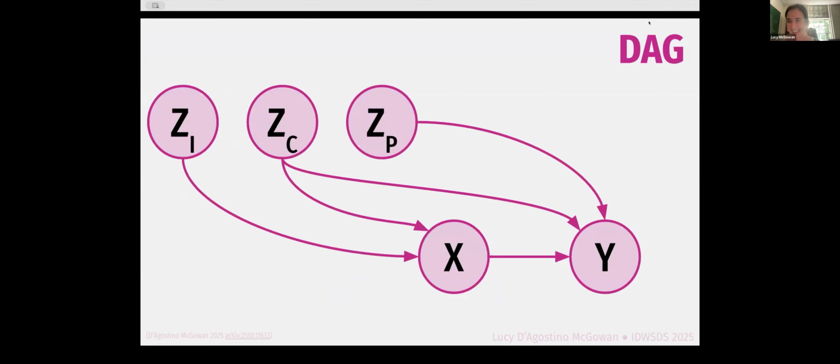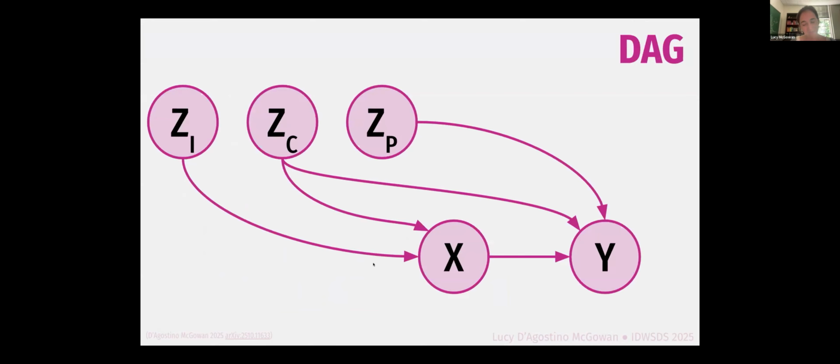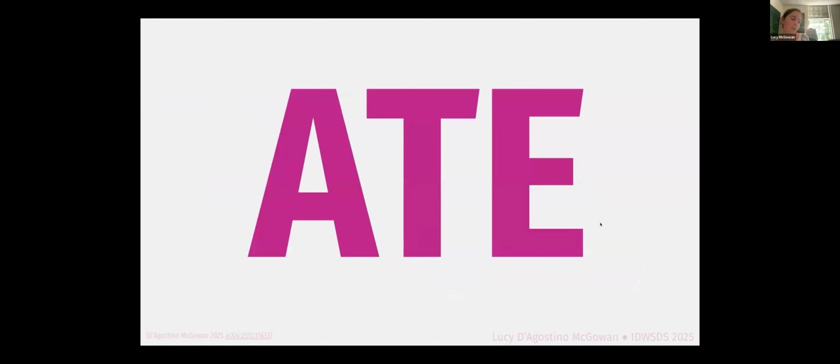I could also say it in a picture, with the DAG for that same assumption, where ZI only influences my X, ZC is a confounder, so it influences both X and Y, and ZP is precision. It influences just Y.